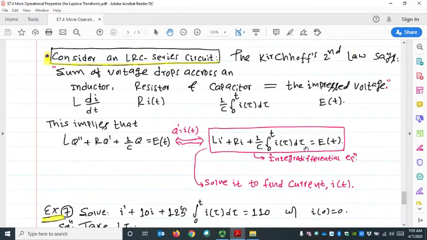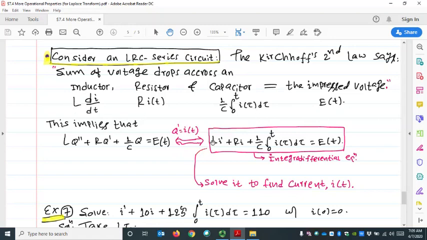Next, let's talk about the LRC series circuit. Kirchhoff's second law says the sum of the voltage drops across an inductor, resistor, and capacitor equals the impressed voltage.